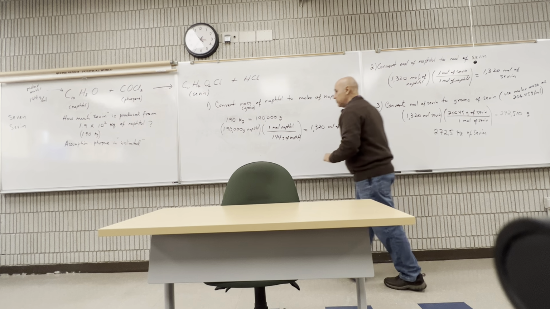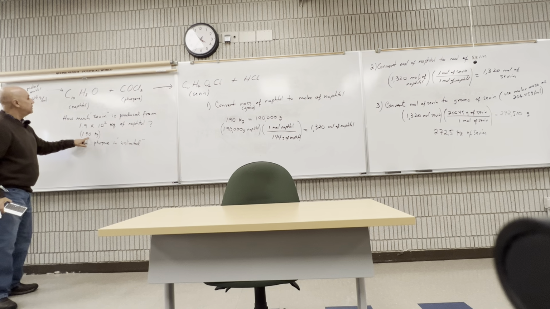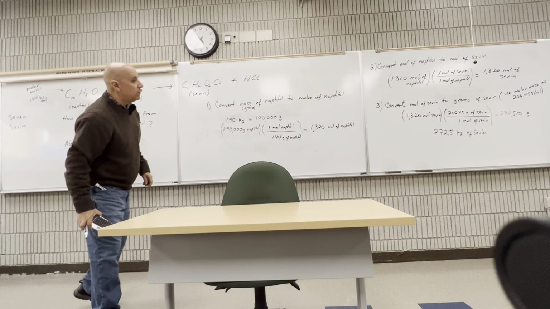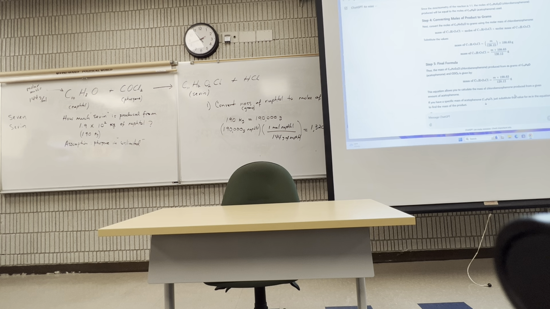So we produce from 190 kilograms, 272 kilograms. Is that what I have here? Yeah, I have 270. I only have like 3 minutes left and I didn't go to the percent yield. But let me just tell you where we were heading with that.